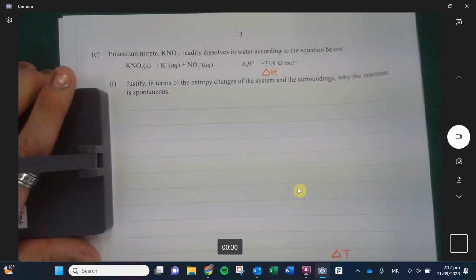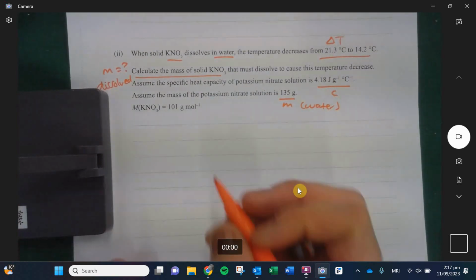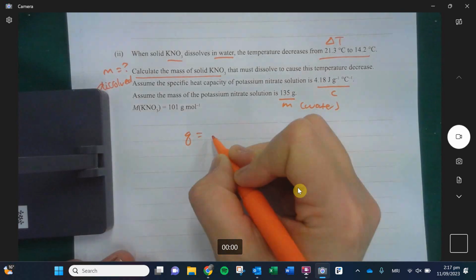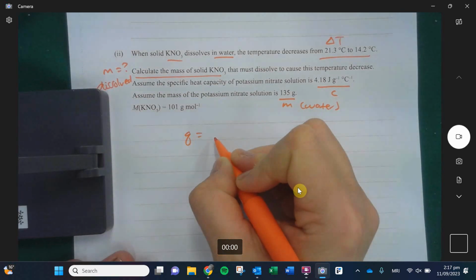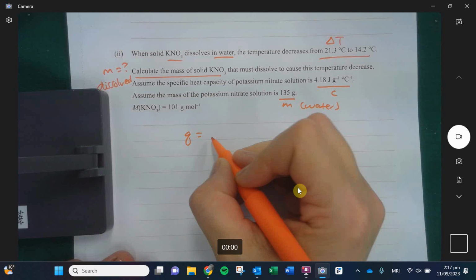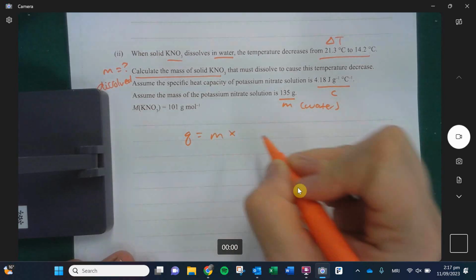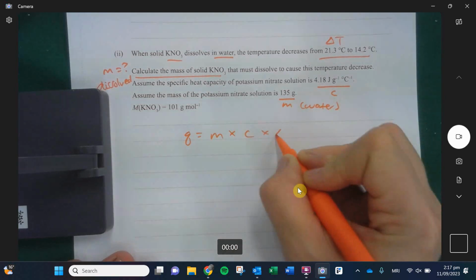All right, similar steps, just a slight tweak. First we need to figure out our Q value, because that tells us the heat exchange. So Q is equal to, I'm trying to remember, M times C times delta T.